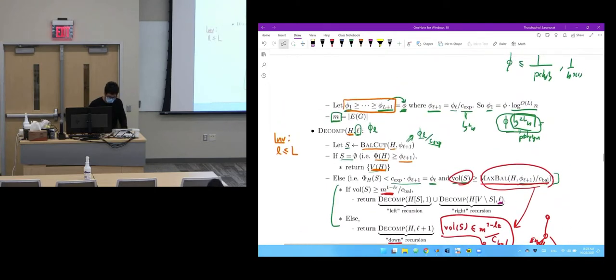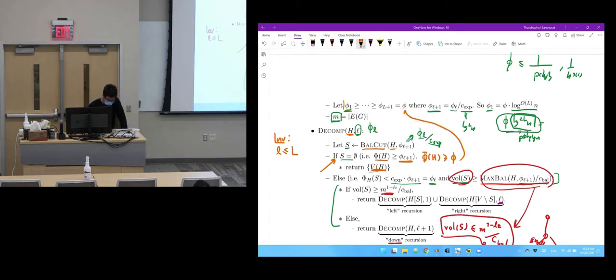Which means what? Which means that when you say that this part of the graph is already an expander, it means that this part of the graph is at least phi, because we set phi to be, this is how we set phi, right?